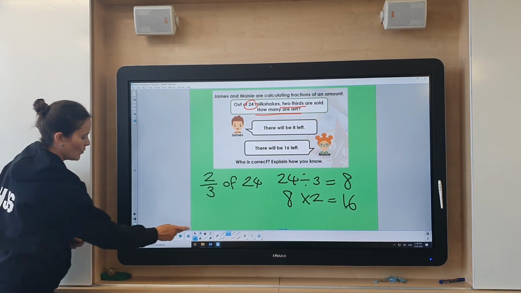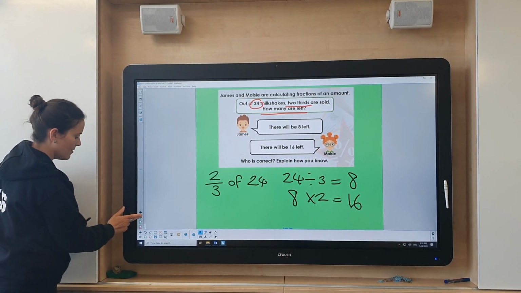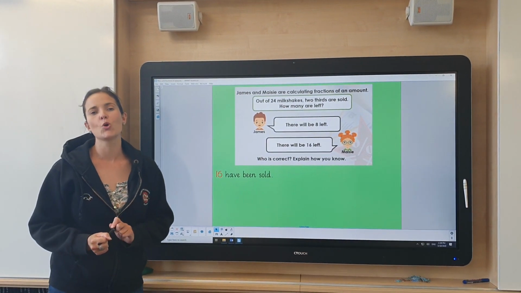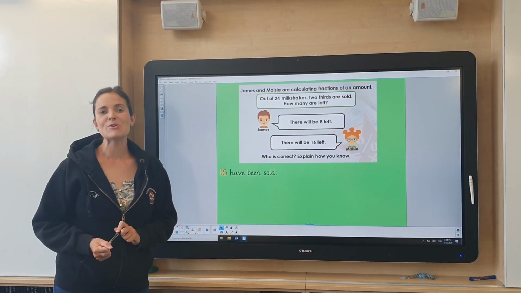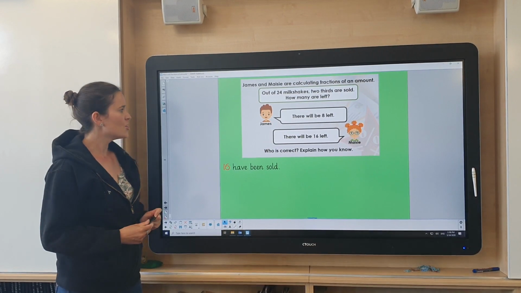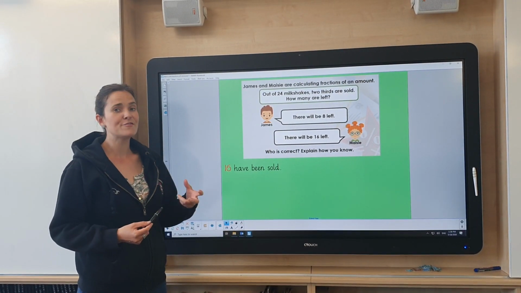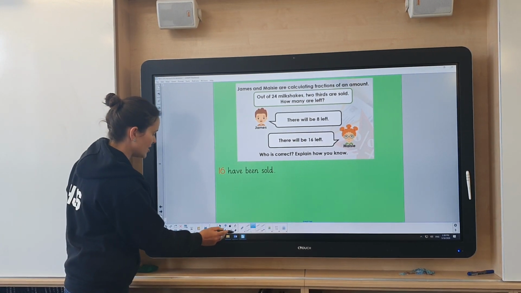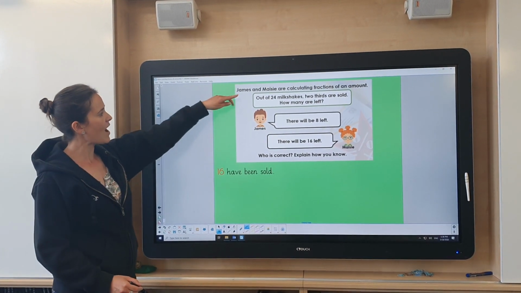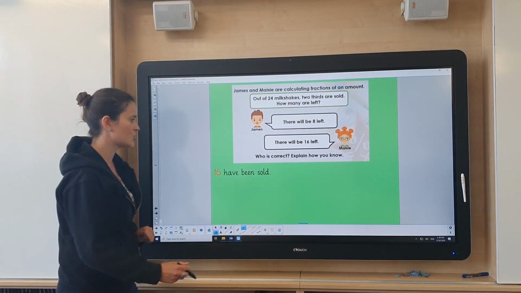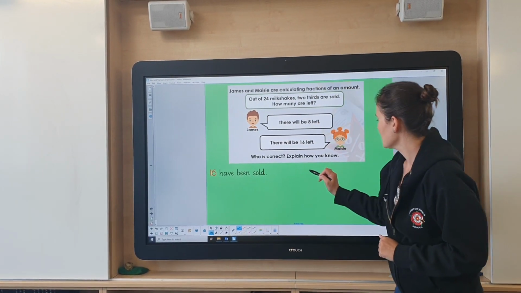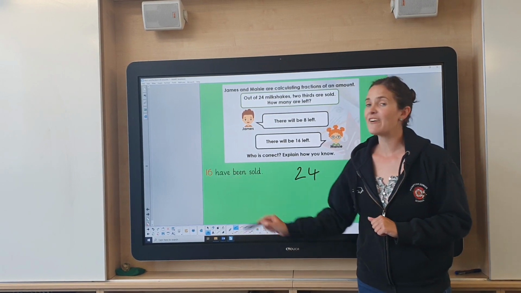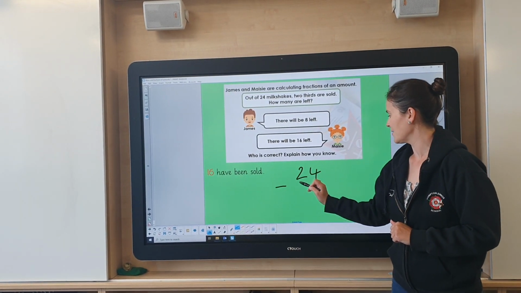Now, what we have worked out so far is how many milkshakes have been sold. 16 milkshakes have been sold. To work out how many are left over, we need to do a subtraction. So we will need to take our total number, which is 24, and we need to take away the number that have been sold, which is 16.